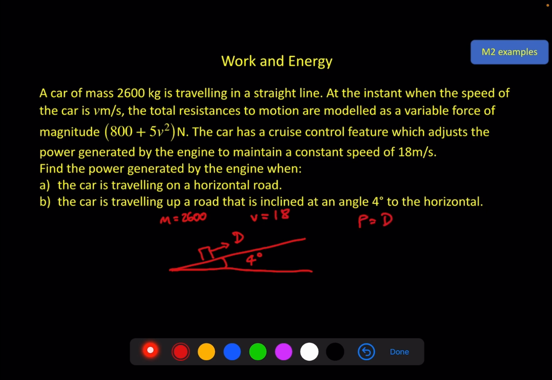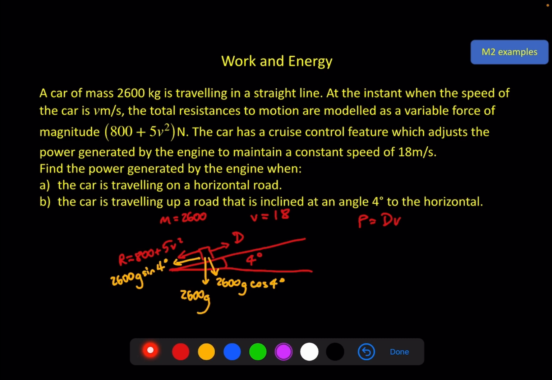P is equal to D times v, so we still need to know what is D, but that has changed now because we've got a resistive force of 800 plus 5v squared, and also a component of the weight coming down the slope. So here we've got 2600g. Here, if we needed it, which we don't, is 2600g cosine 4 degrees, and the bit that we need coming down the slope is 2600g sine 4 degrees.